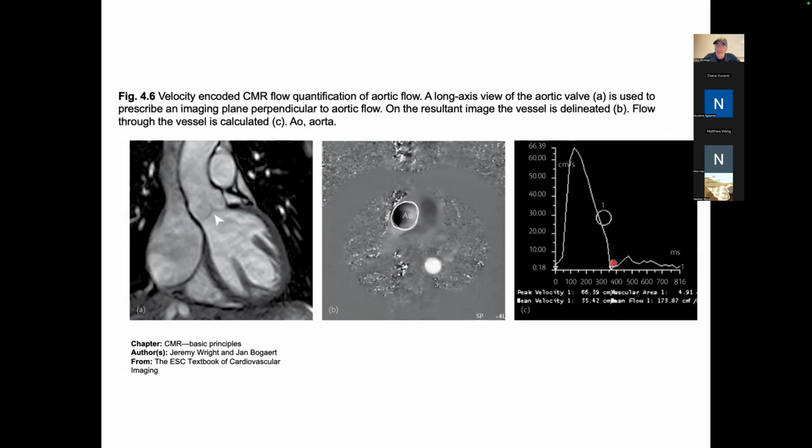So essentially the cardiac output. So you can compute all of these physiological parameters with great precision with this. And so here you can see the beautiful velocity profile in the descending aorta.